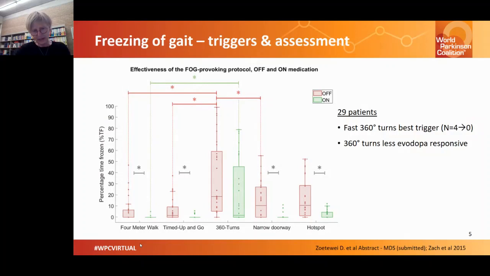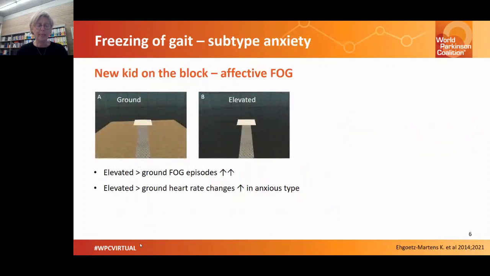And what is also very striking for us was to see that between on and off, there were no significant differences, whereas in the other freezing triggers, there were clear levodopa responses. So this will bring us more and better data, I think, of where freezing really occurs, namely in the home situation, although this is still in a standardized protocol.